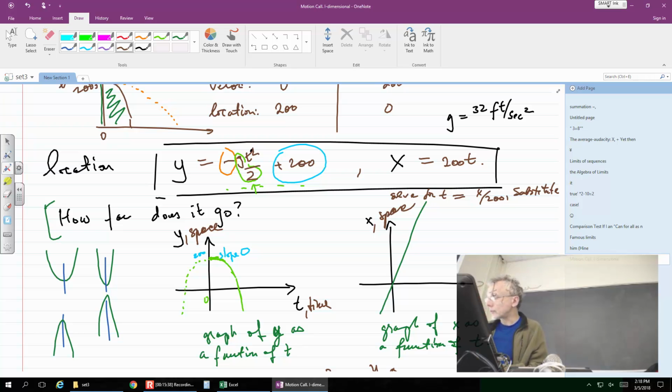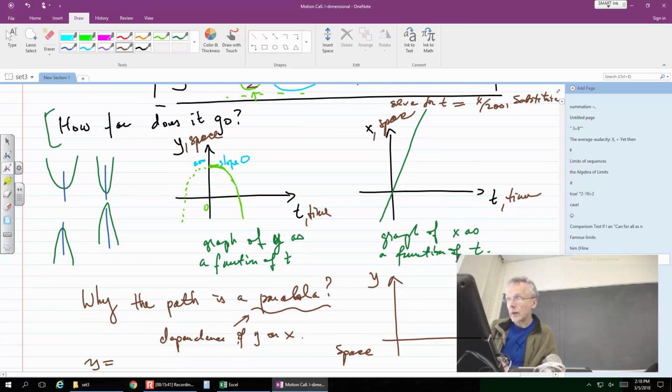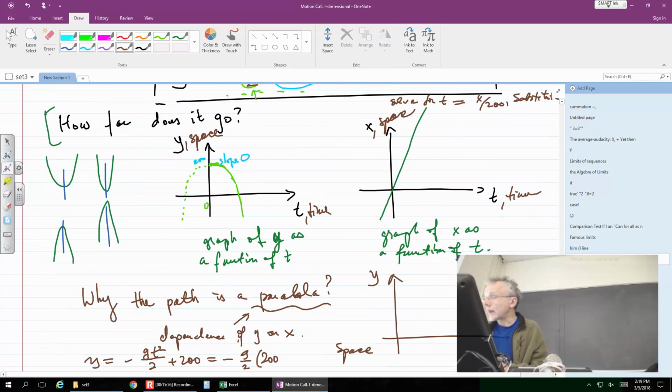So let me substitute. So I have then y is equal to negative gt squared over 2 plus 200. It is in fact equal to negative g over 2, and here I have x over 200 squared plus 200.